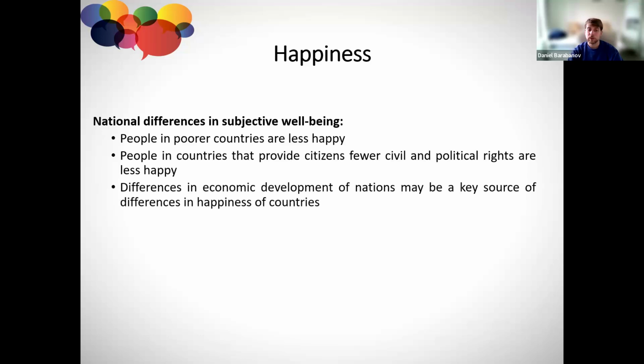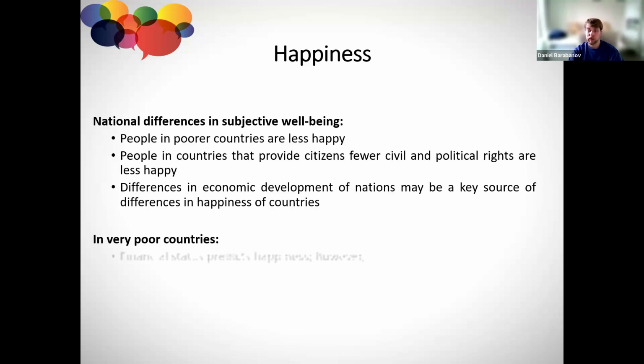Basically, differences in economic development of nations may be a key source of difference in happiness, right? Economically developed countries have overall more goods and services and often also political rights, and it makes their citizens more happy compared to countries which are economically developing and experience those unfortunate problems.